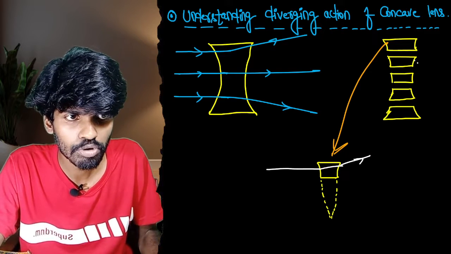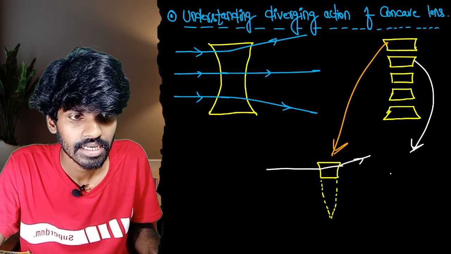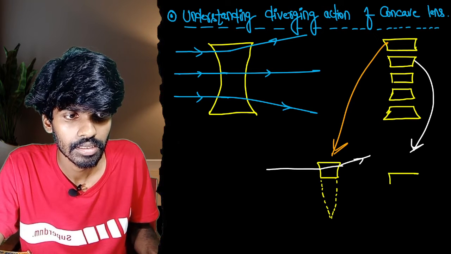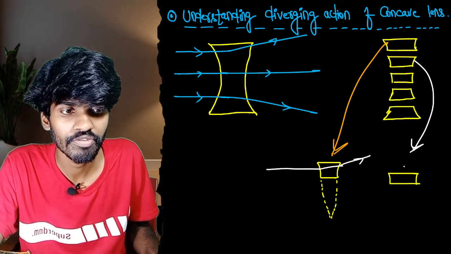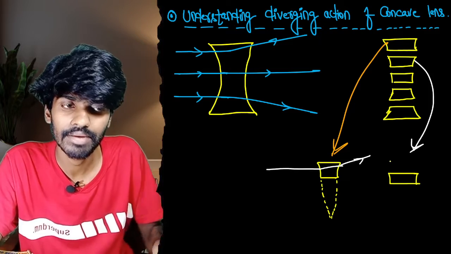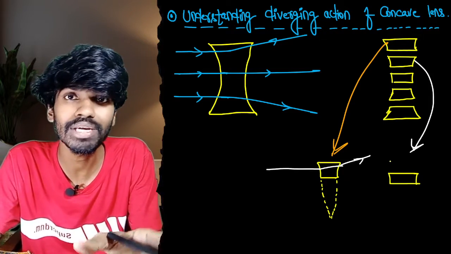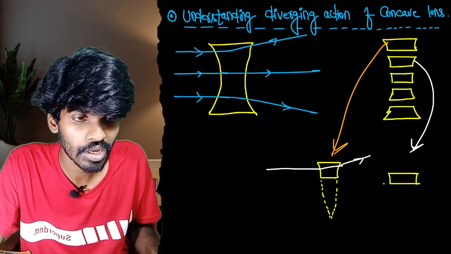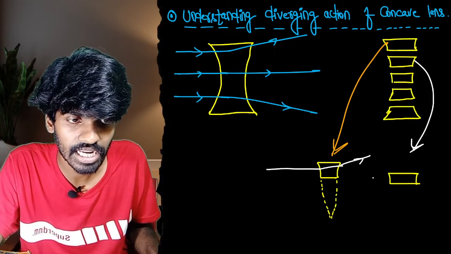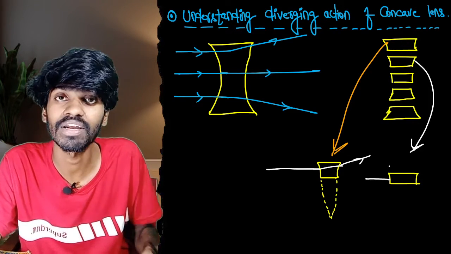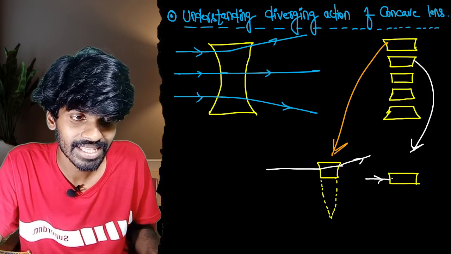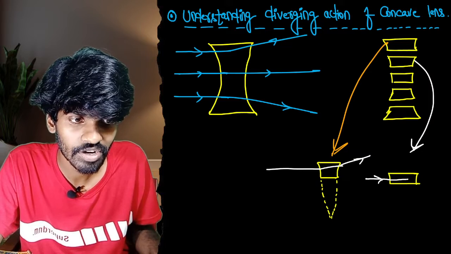Similarly, this portion will act in between a part of a cone and a rectangular prism. So the deviation will also be in between the deviation that occurs in a rectangular prism and the cone; in this situation it will be lesser.